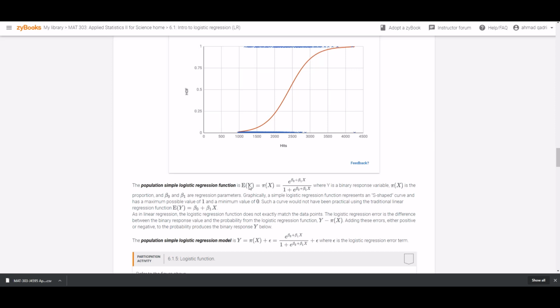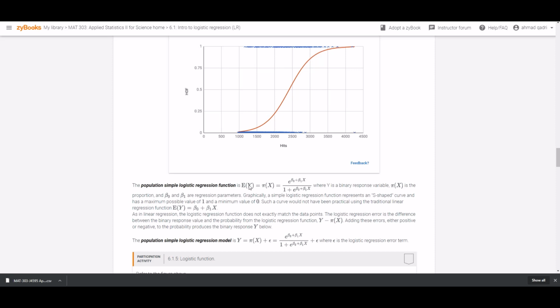So if, for example, the probability that the response variable equals 1 is 0.25, well, that's kind of low probability. So you would think that for that case, the expected value of y or the response variable should be 0.